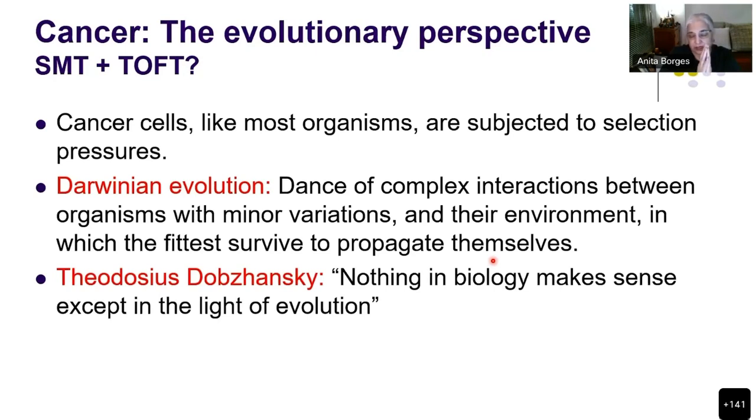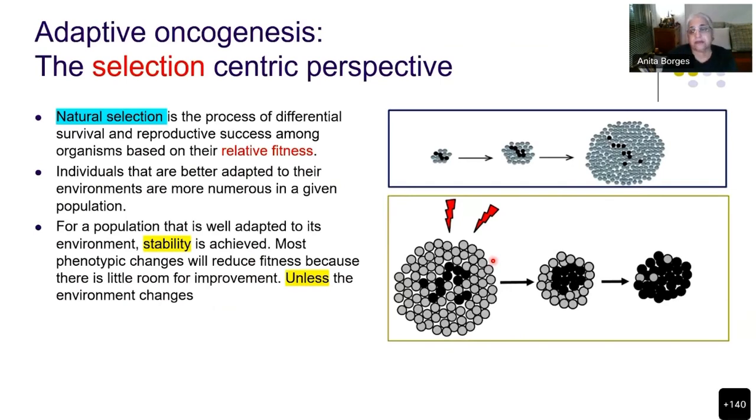I believe that almost every biological system is better understood by understanding evolution. And this is what I mean by evolution. It is adaptive natural selection.